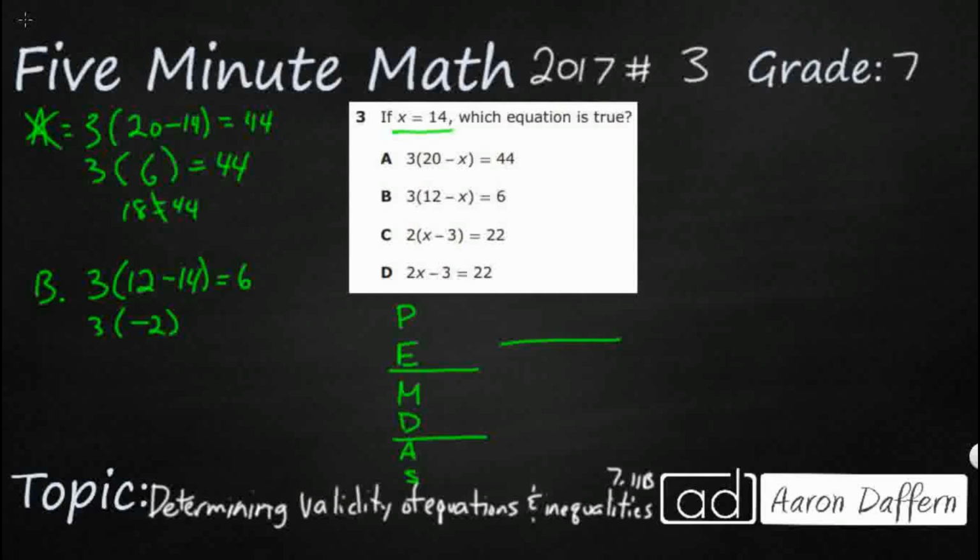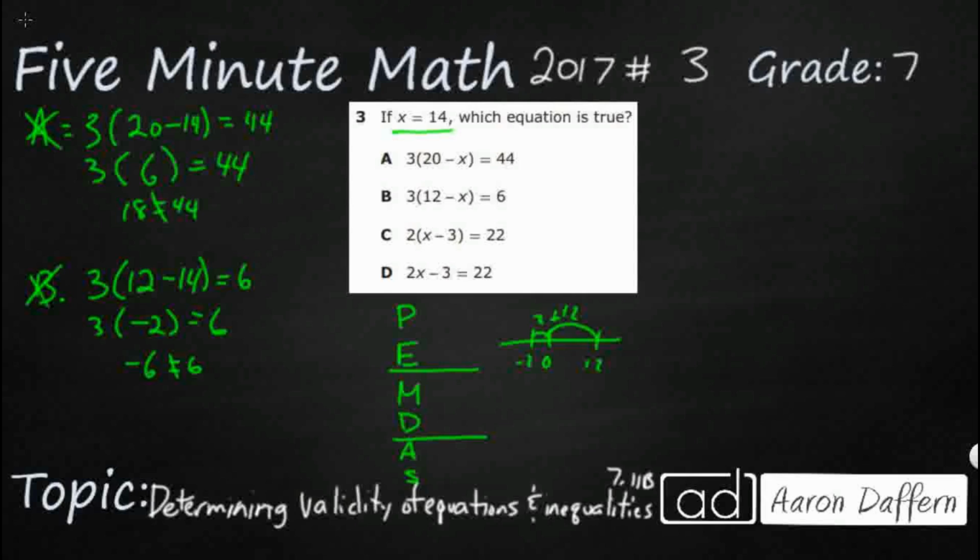If you need to see that on a number line, right here is 0, here's 12, so here's 12 back, and I've got to get an extra 2 back to get up to that 14. So we're going to be close, but the sign's going to be the wrong one. 3 times negative 2 is going to be negative 6. I don't want negative 6. I want positive 6. So it's not B.